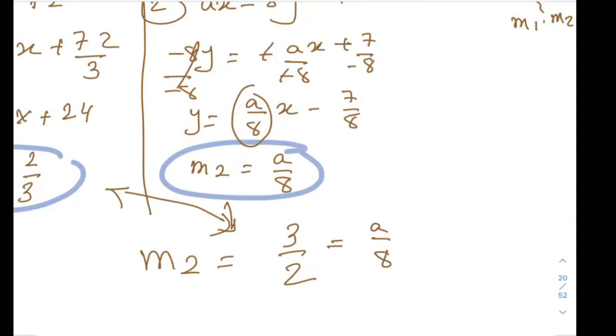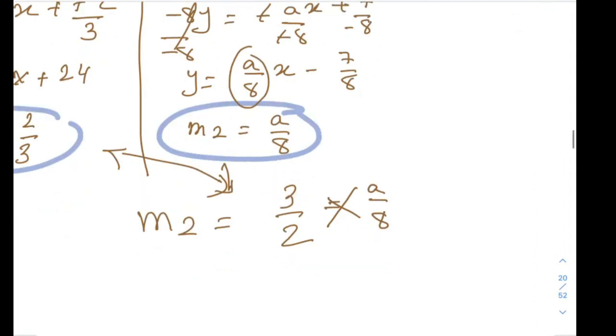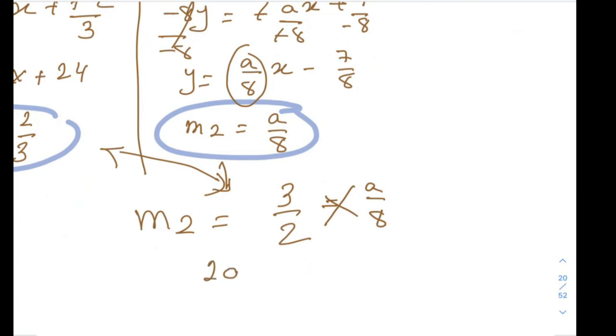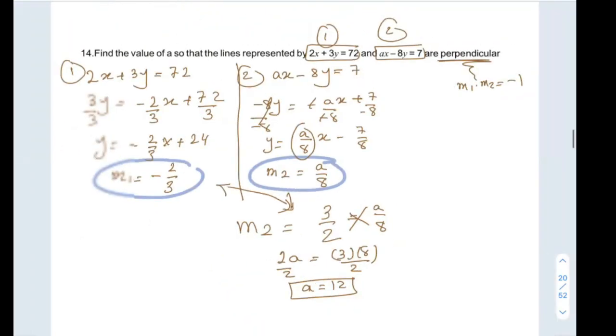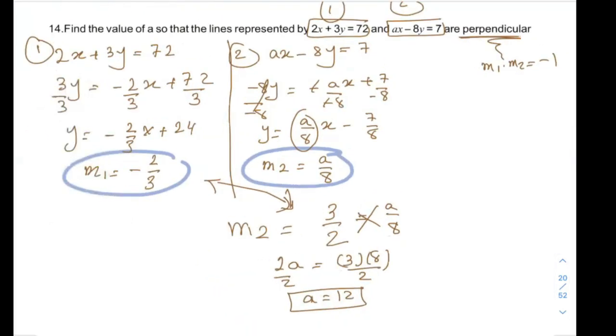And we will cross multiply to find the missing a. So 2 times a equals 3 times 8. Dividing by 2, so a is 12. Simply, we can play with the slopes whenever needed.